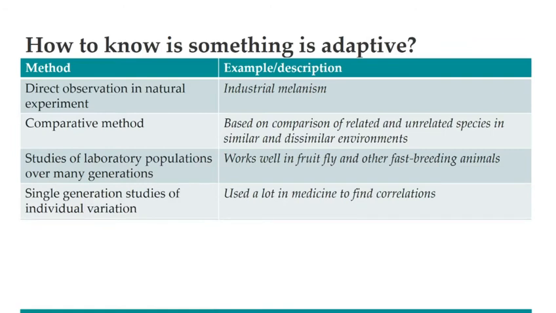Then we can also test in a single generation to see what kind of individual variation we have. And this is something that is done a lot in medicine to find correlations. That, okay, some people are better at sport, and they live longer than those that are not very active in exercise.